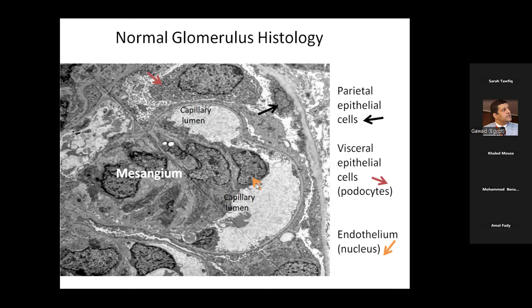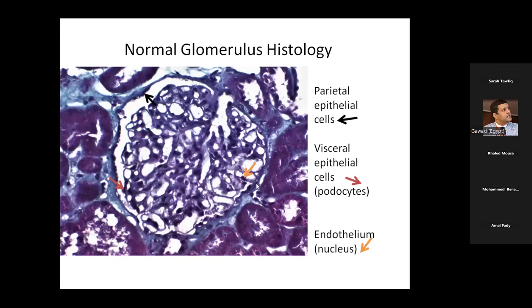Now we will highlight on the bigger electron microscope image the parietal epithelial cell, again the black arrow, and the visceral epithelial cell, the podocyte. We can now see its nucleus very clearly, the red arrow, and the endothelium nucleus with the orange arrow. So it's now loud and clear when we compare this to that.